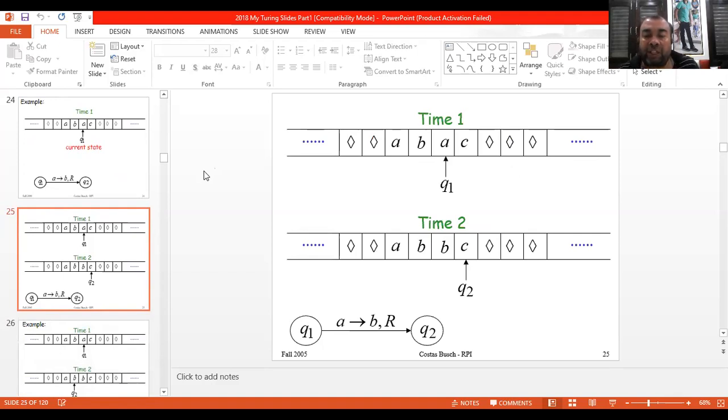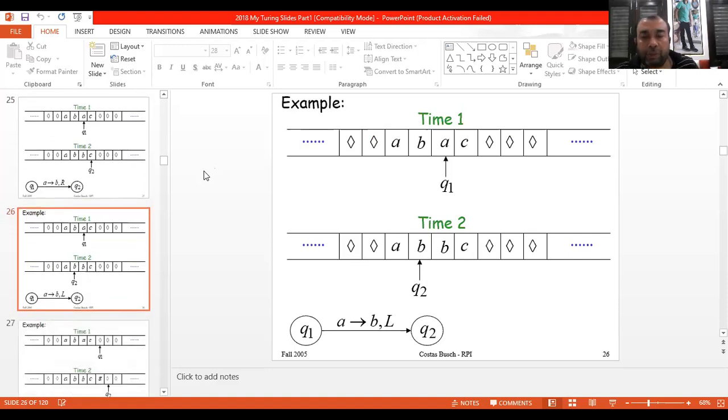So now what does the tape contain? A, B, B, C. And the current position of the tape head is now at the cell where C has been written. It is very simple and I think everyone is with me.